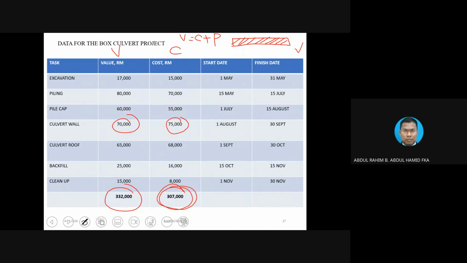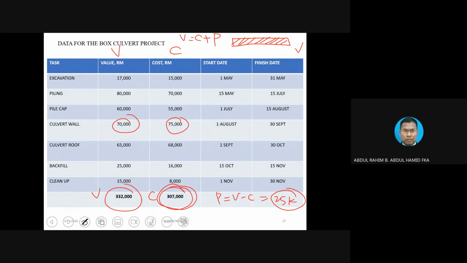In a project, not all activities are profitable. There are some activities where the contractor could be running at a loss due to the complexity of the task, but that's okay. Overall, you still make a profit. And you notice V equals C plus P. What is P? Using this formula, P equals V minus C. You notice that in this project, the contractor is making 25K.